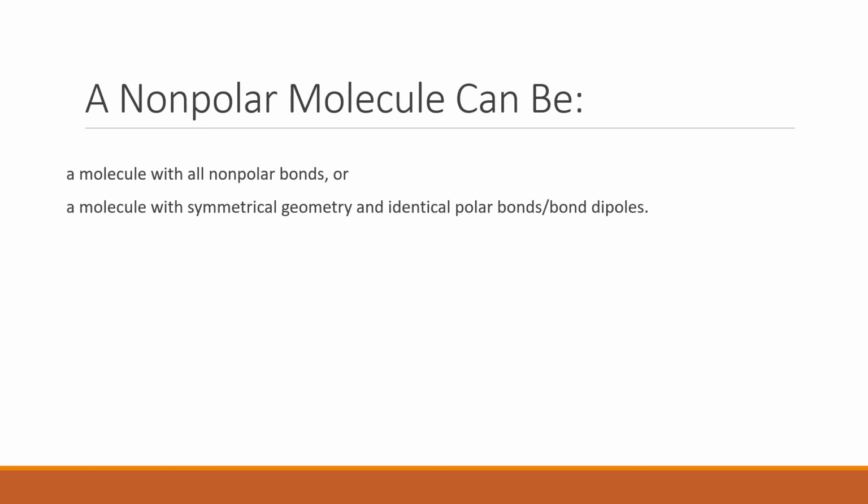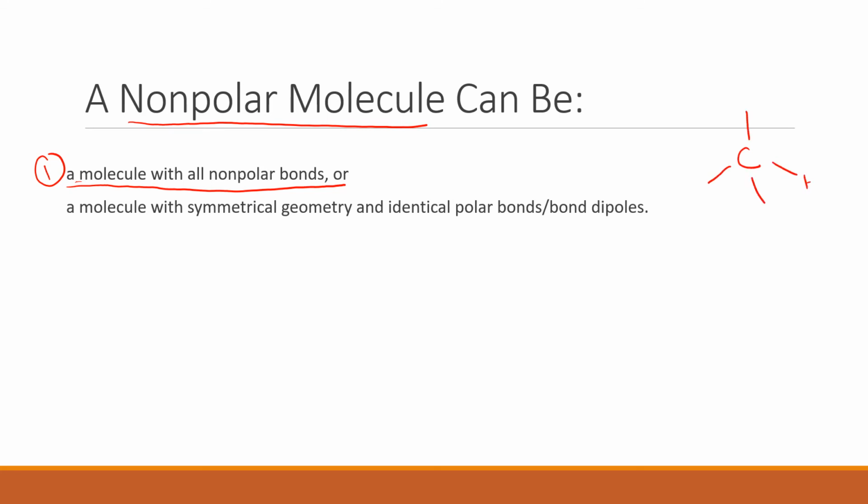Let's look at examples of molecules which can be non-polar. Generally, there are 2 ways in which simple molecules can be non-polar. First is when all the bonds within the molecule are non-polar, then the molecule itself will also be non-polar. For example, methane.